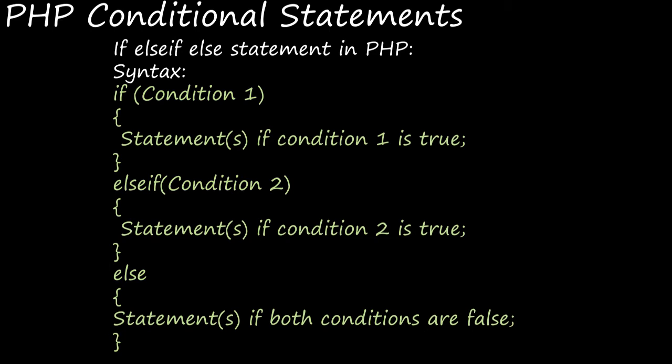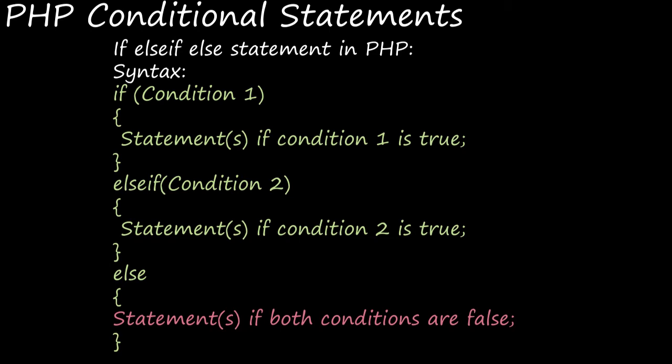Then else if, and we give the next condition. If that condition is true, the second set of statements will be executed. If both the conditions are false, then the third set of statements will be displayed.